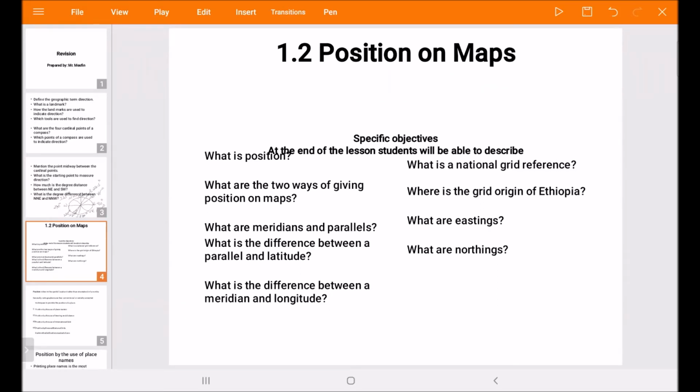At the end of this lesson, students will be able to describe the two ways of position on maps, what meridians and parallels are, the difference between parallel and latitude, and between meridian and longitude, the national grid, the grid origin of Ethiopia, and what eastings and northings are.